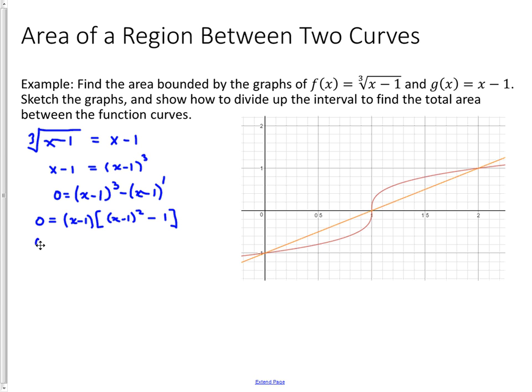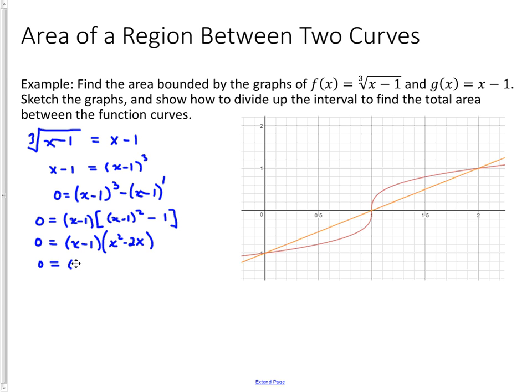And a little bit of simplification would reveal that we get x minus 1 times the quantity x squared minus 2x plus 1 minus 1. So it's just x squared minus 2x.